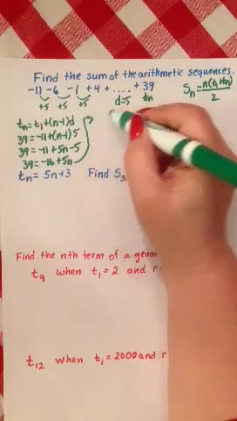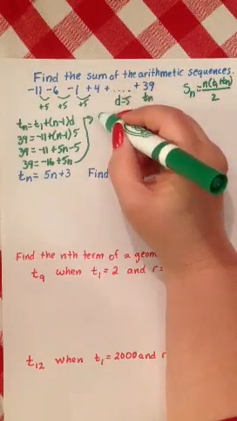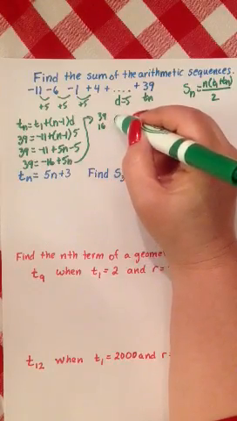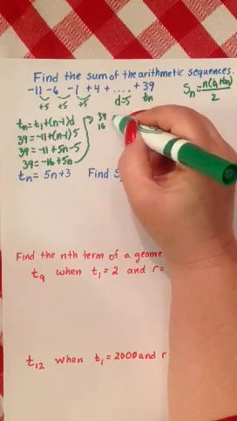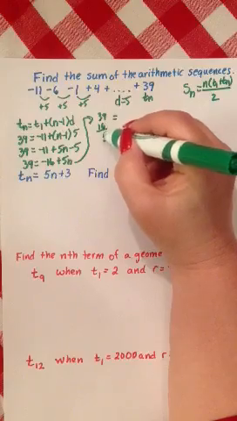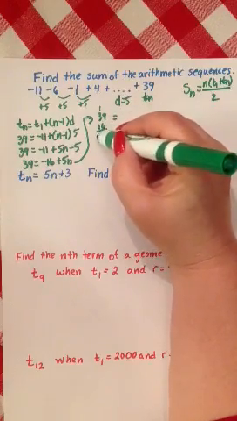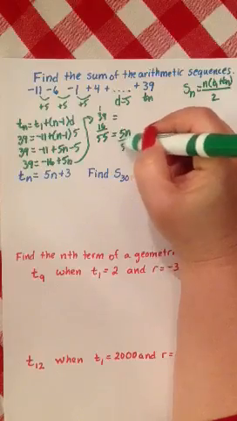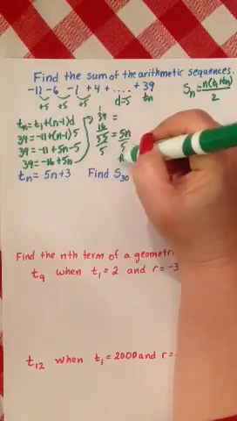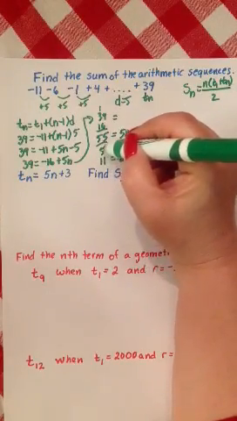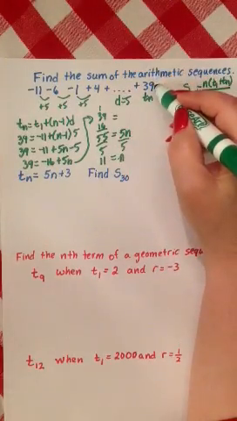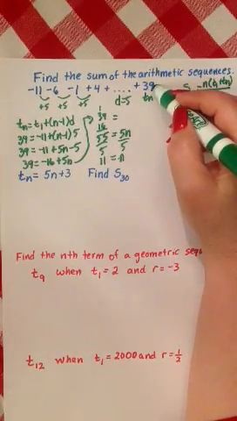I'm going to just move it up here. So if I add 39 to 16, you get 55, so I get 55 is equal to 5n. Divide both sides by 5, so I get n is equal to 11. So that means that 39 is the 11th term, okay?